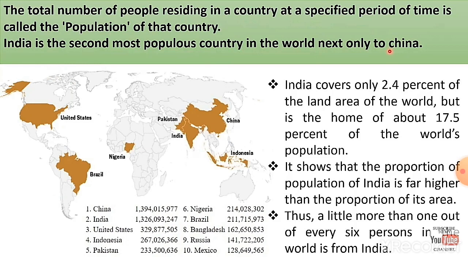It shows that the proportion of population of India is far higher than the proportion of its area. Thus, a little more than 1 out of every 6 people in the world is from India.